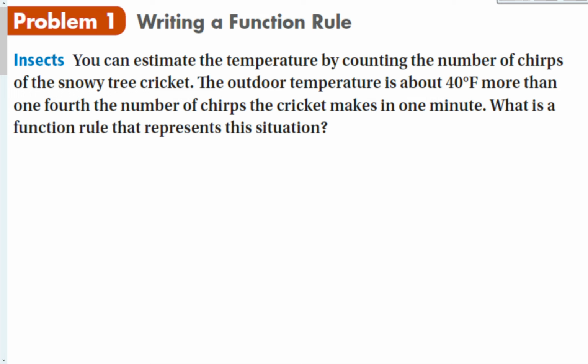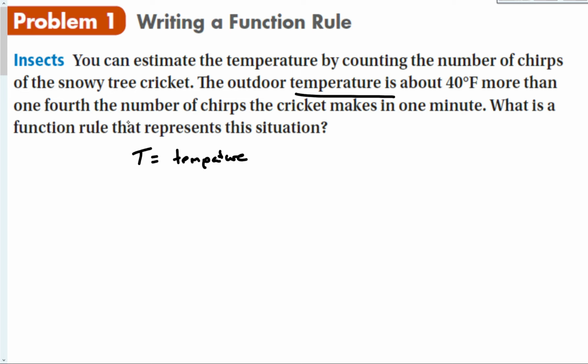Okay, so we have a couple of variables that we need to define. First, we have some sort of temperature, right? So we know the temperature. So let's use a variable t is temperature.